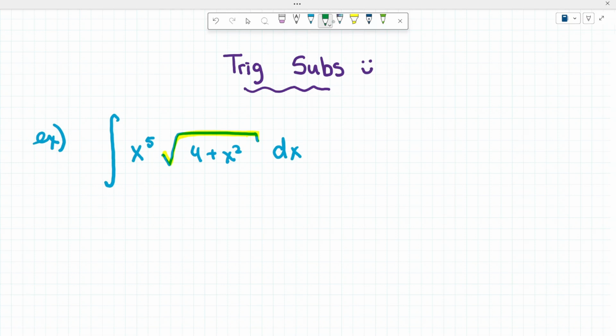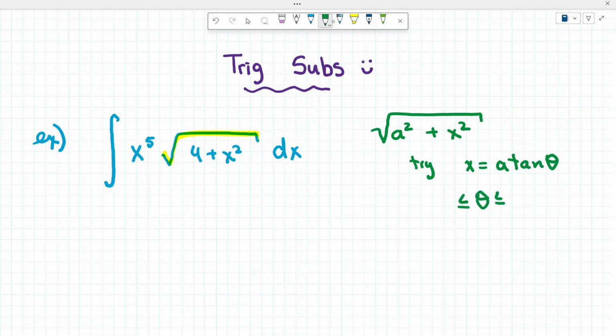Here's a hint: if we have functions containing the form a squared plus x squared, and the root of all of that, we can usually try the trig substitution x equals a tan theta. And we have to remember the caveat for this one, that theta is bound strictly between negative pi over 2 and pi over 2, because there are asymptotes.